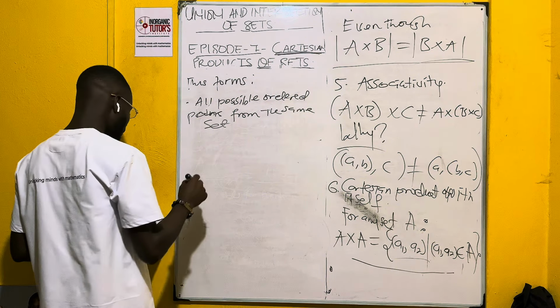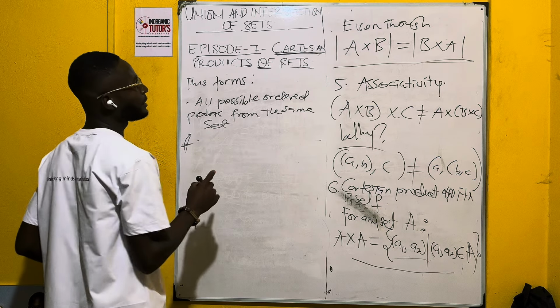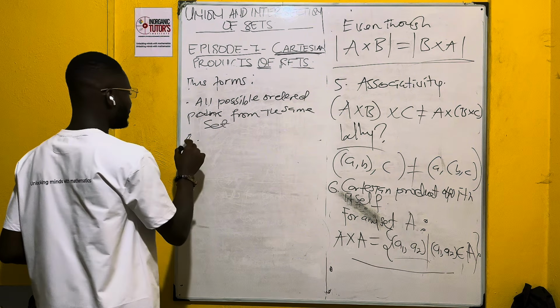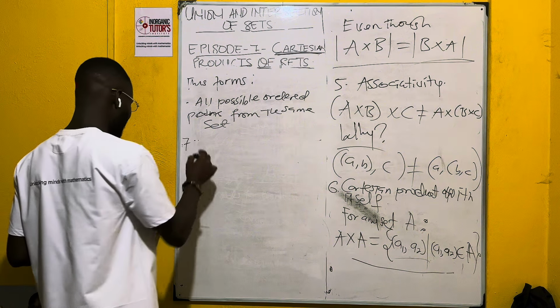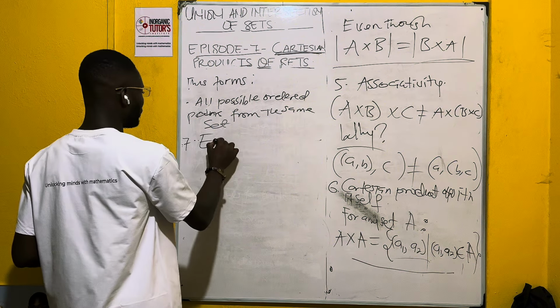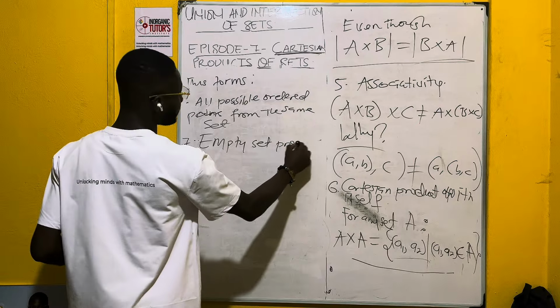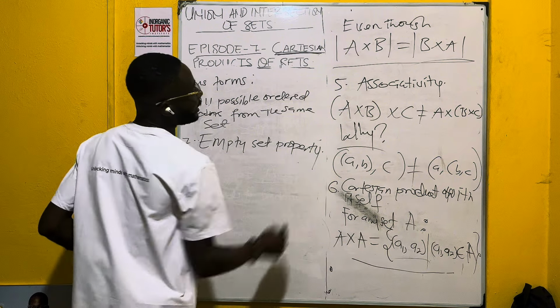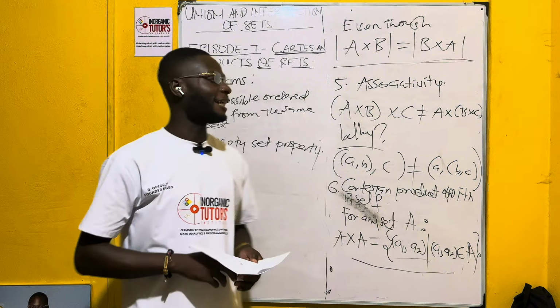Now, the seventh property, or the seventh characteristic, is the empty set property. Empty set property. Now, this is one of the interesting properties that you have to know, right?